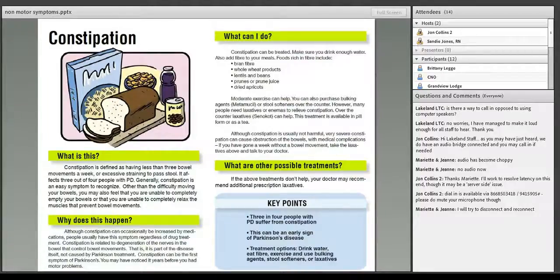The reason being that the small intestine is where anti-Parkinson medications are absorbed. If a person with Parkinson's is constipated, the medication, the levodopa, never gets out of the small intestine and into the bloodstream and back up to the brain.